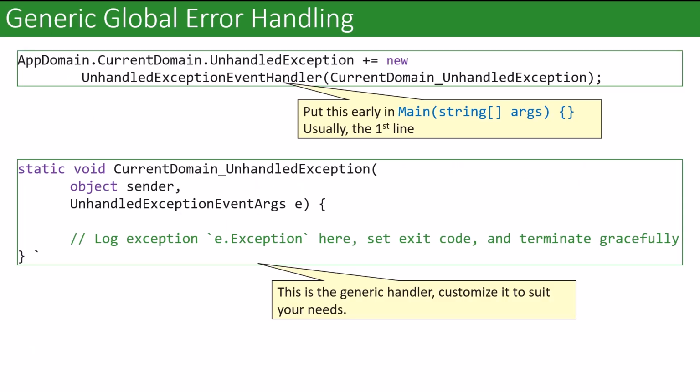So .NET has had central error handling since forever, since version 1.1, where this object, AppDomain.CurrentDomain, lets you have your own custom exception handler, which is very, very simple.